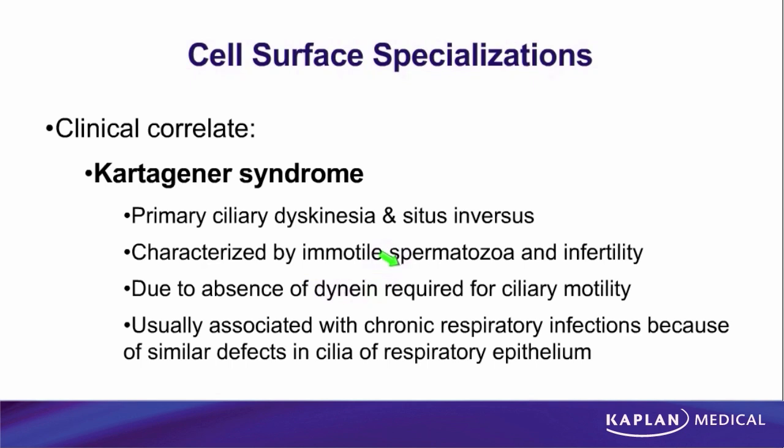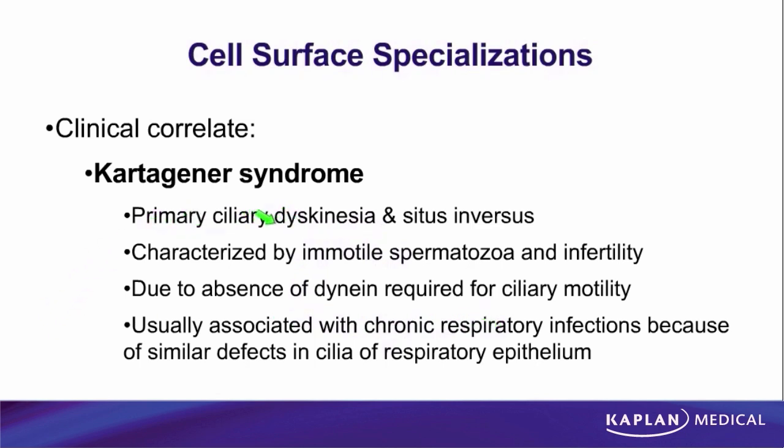And therefore you would expect a male with that disease to be infertile, because his sperm will not be motile, and because the ability to move the mucus up along the airway is going to be impaired. You'd expect that person is going to have chronic respiratory infections. And that's in fact true with primary ciliary dyskinesia.